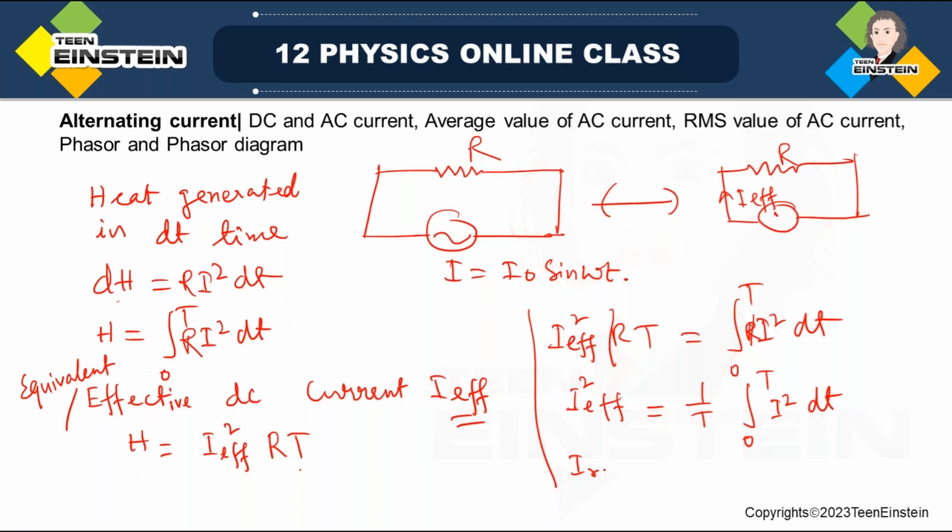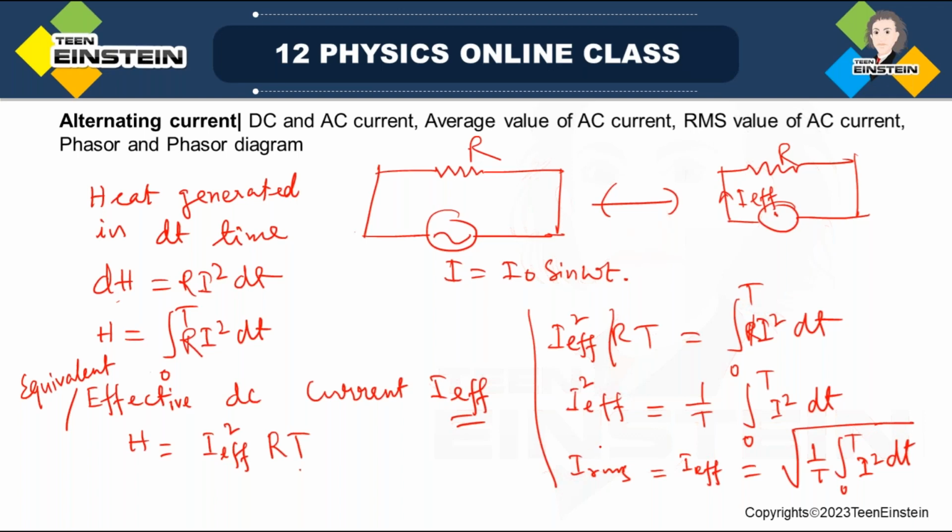RMS means this effective or equivalent DC current. So IEFF is equal to the square root of 1 over T, integration from 0 to T of I square dt.